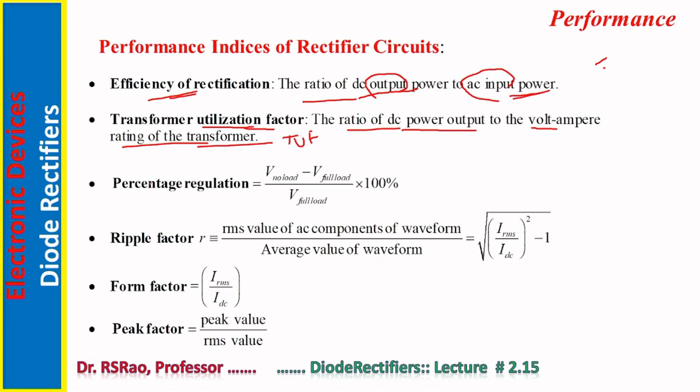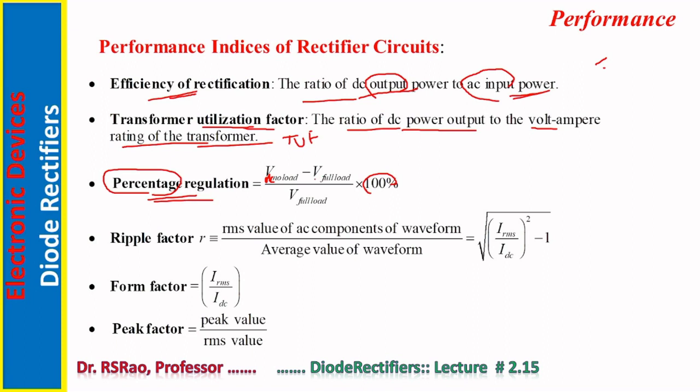Another parameter of great importance in describing the performance of rectifier circuits is percentage regulation. By definition, it is V no load minus V full load by V full load into 100. 100 is there because it is percentage. V no load refers to V DC no load.